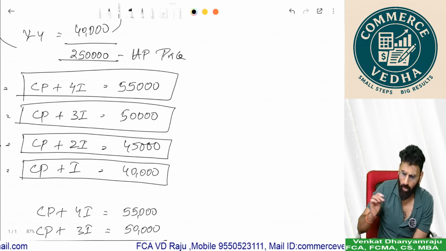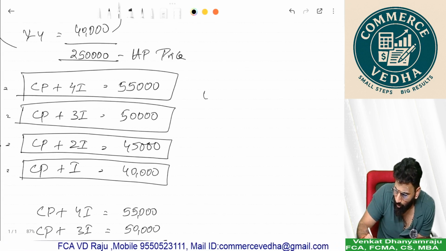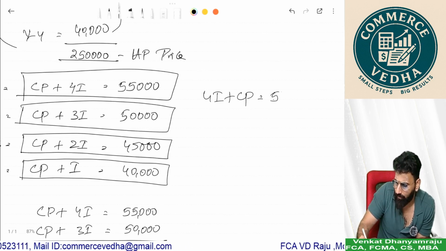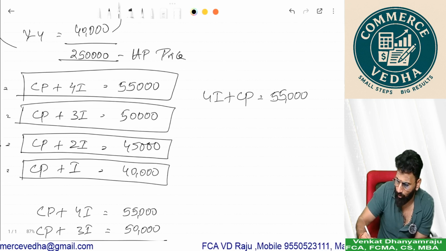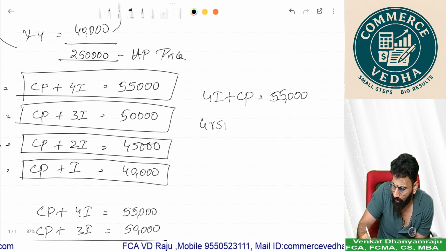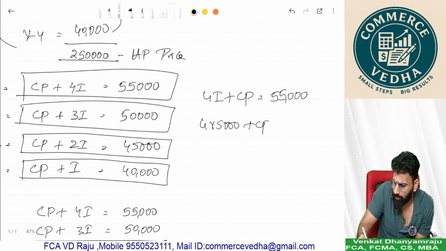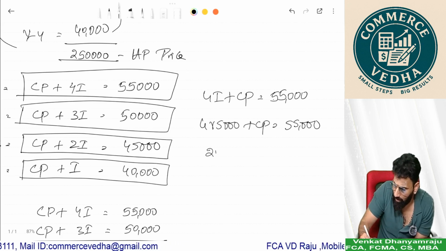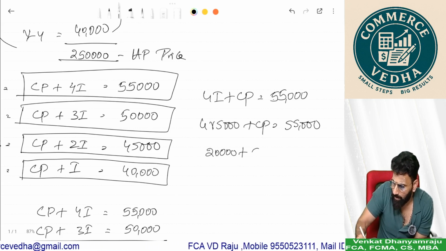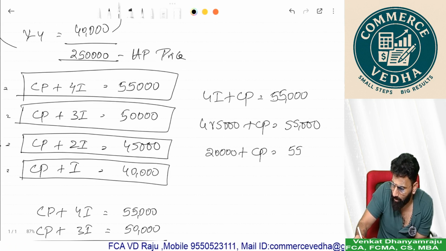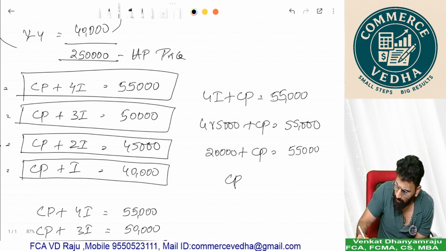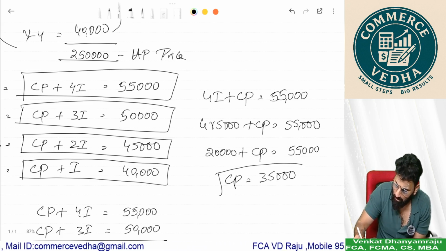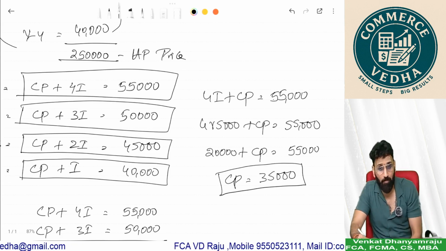Now, how do I compute my CP? 4I plus CP equals 55,000. 4 into 5,000 is 20,000, plus CP equals 55,000. CP equals 35,000, which is 55 minus 20.